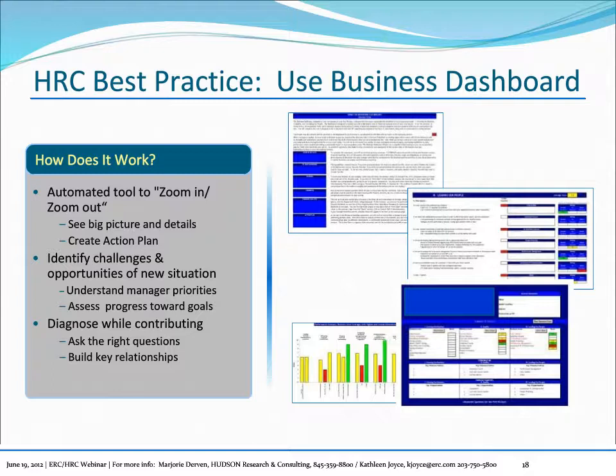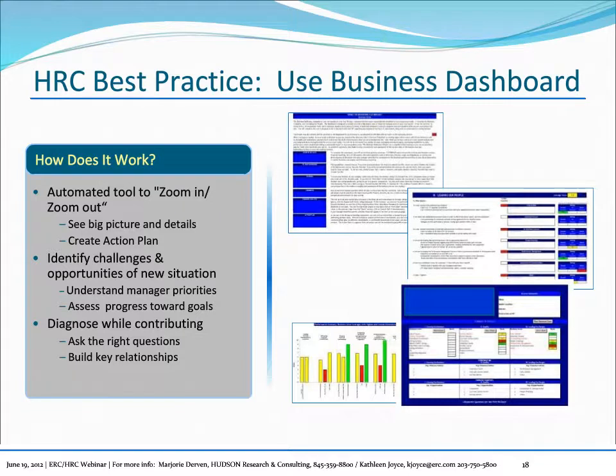Another innovation is including some pop-up boxes so that if someone is rating a particular business lever in the red zone, a box pops up that gives them a series of questions or tactics that point them in the direction of how to get out of the red zone and into the yellow and green zone. So those are some innovations.